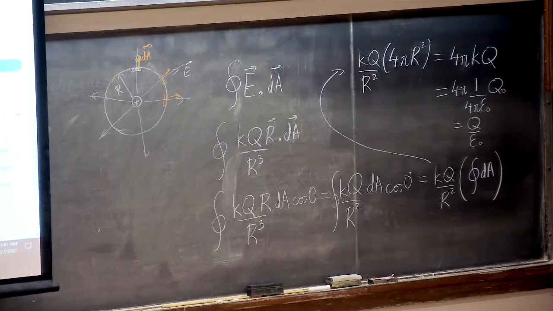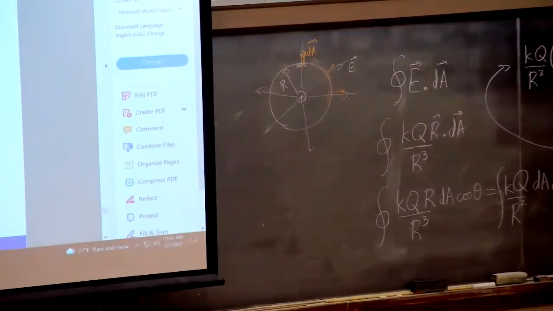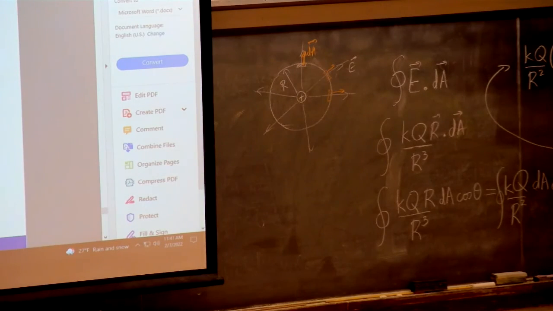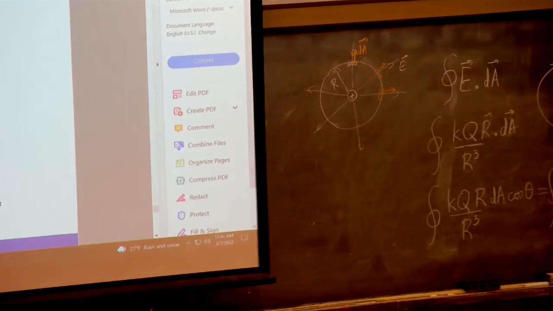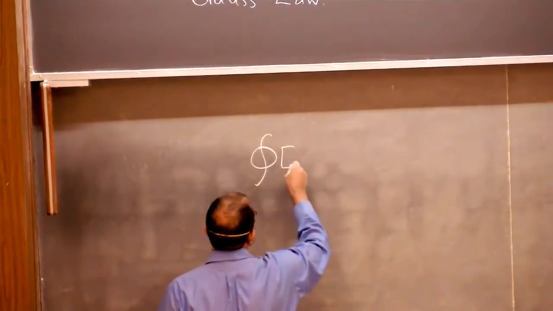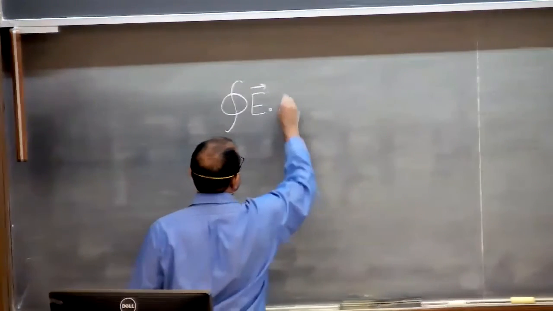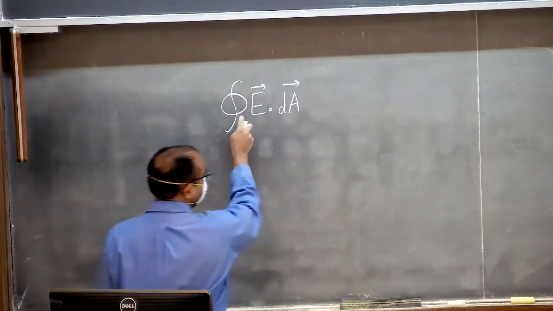Gauss's law basically says if you have a closed surface, which encloses some volume, and you calculate the flux through that closed surface. So that's why I'm putting the circle here.